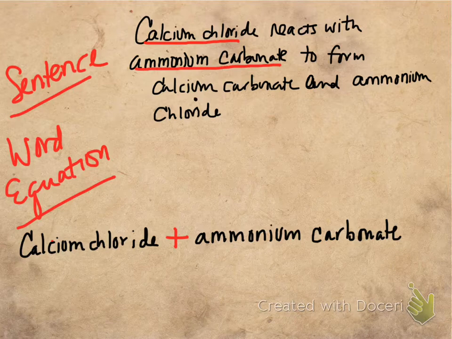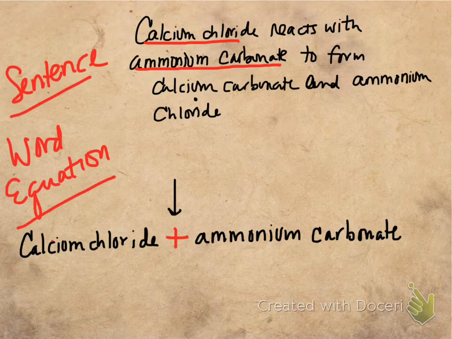Some other words that we might see there are combines with, decomposes into, any of those. And what that tells us is that a reaction is occurring, so we put a plus sign in there to indicate that these two reactants are coming together to form something else.